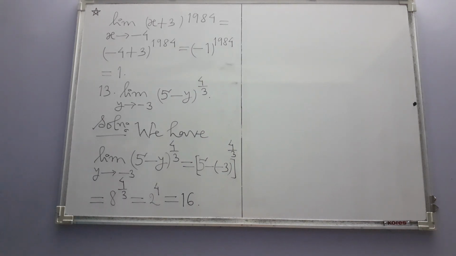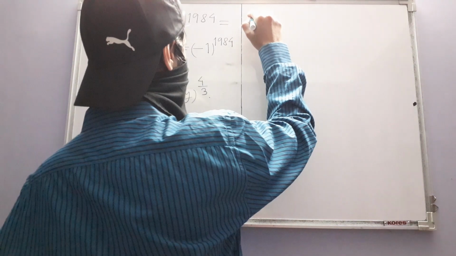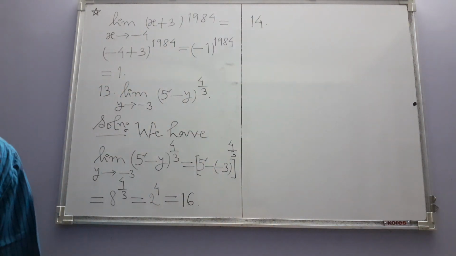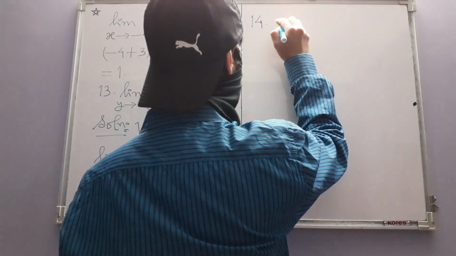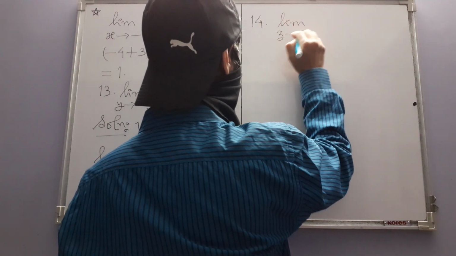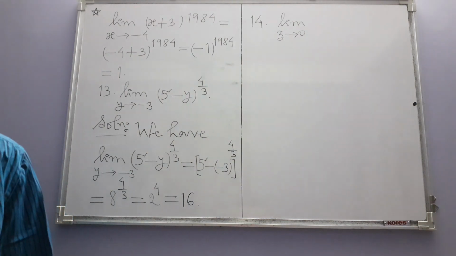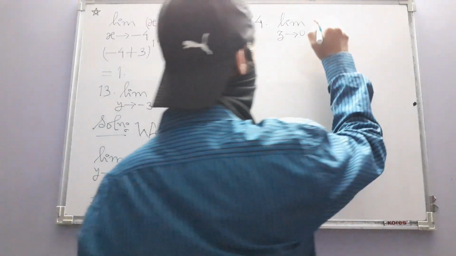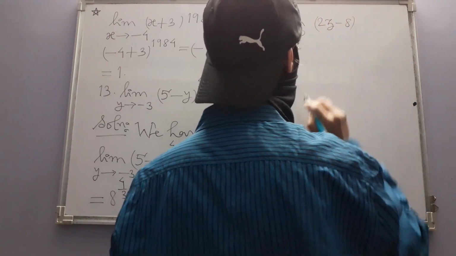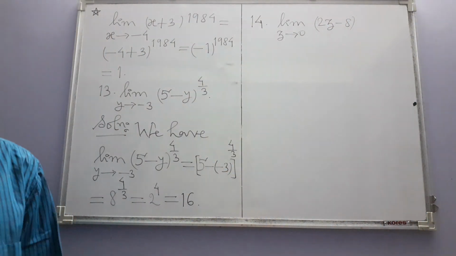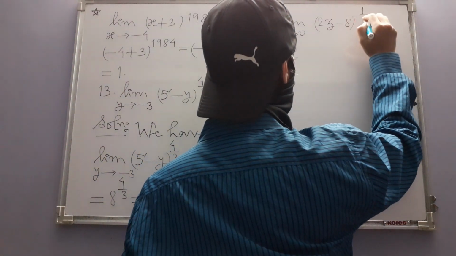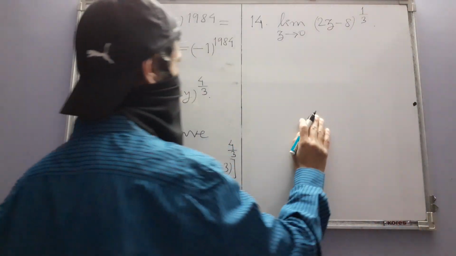Okay, the next 14. And the 14th one we have limit z tends to 0 of 2z minus 8, or if you want you can call it z also, whatever you prefer, with this exponent.